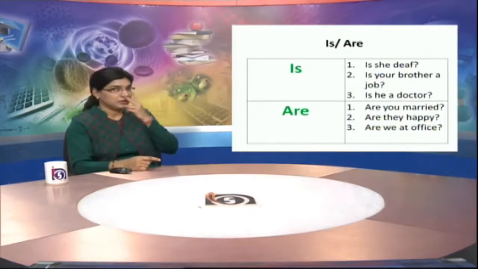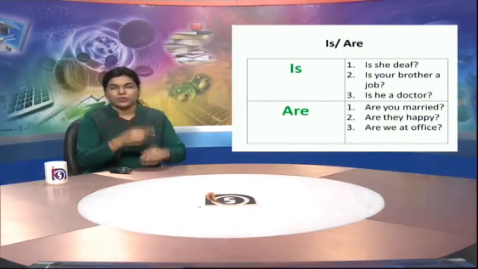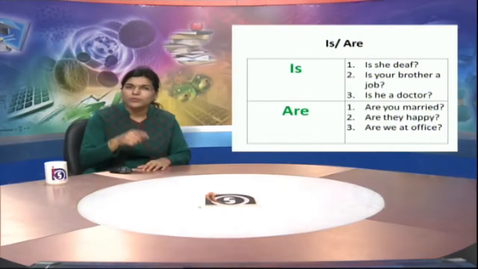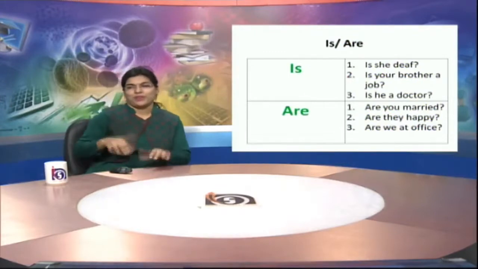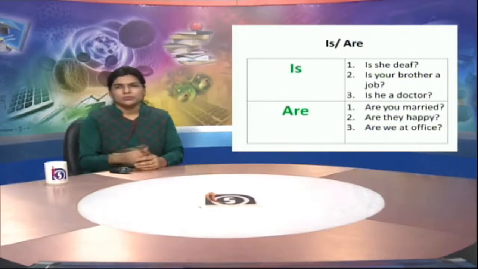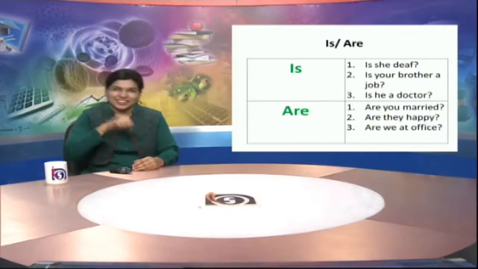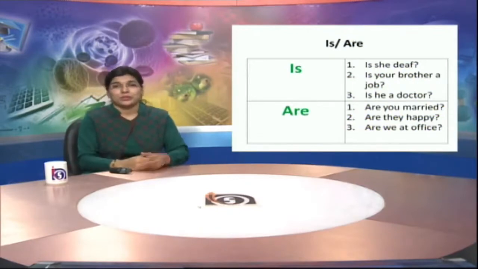Further we learn about are. So what are the examples? First example will be, are you married? So no, I'm not married. Yes, I'm married. Second question will be, are they happy? No, I'm not happy. Yes, I'm happy.